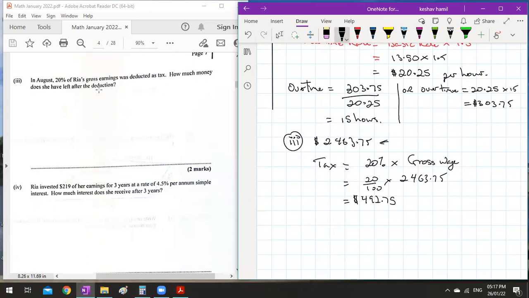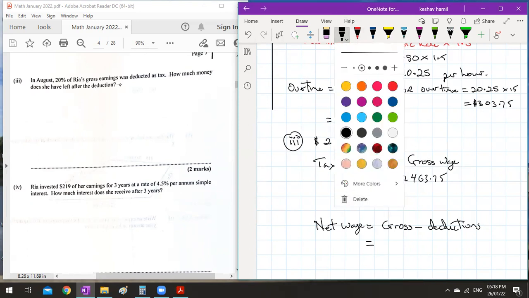How much money does she have after the deduction? So the net wage, how much money she will have after taxes and deductions, net wage is gross wage minus deductions. Now remember, deductions could be tax, paying things like health insurance, health surcharge, things like that.